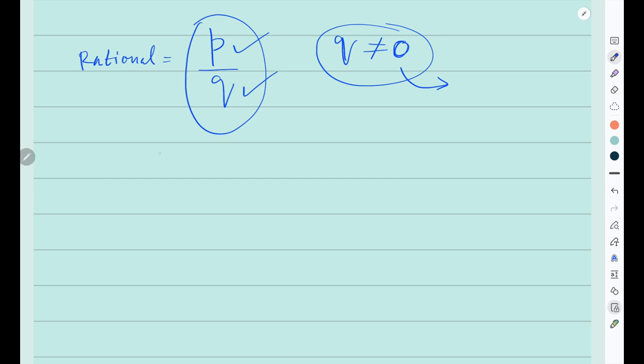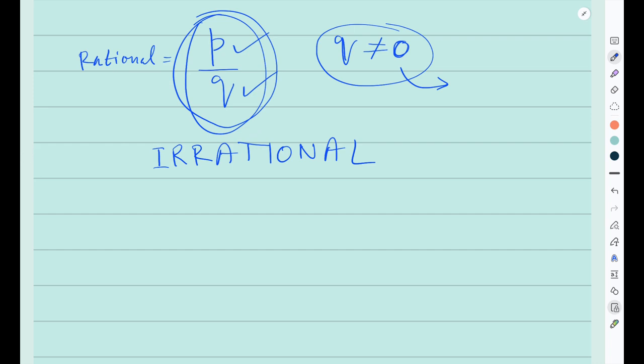And the opposite is also true: if a number is irrational, then it could not be expressed in the form of P divided by Q, where P and Q are natural numbers. Okay, so that is the basis. It is a little tricky, but that is the beauty of mathematics.